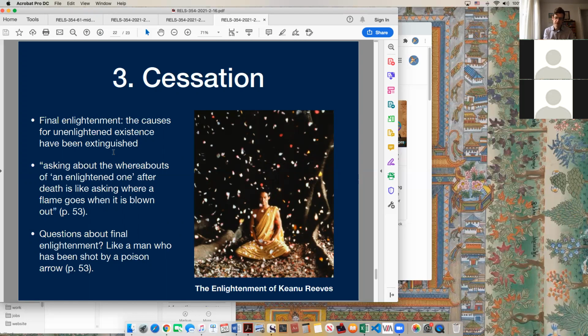You're no longer committing any acts that would lead to new karma, but you still have residual karma left over from your previous lives and that life up to that point. So for the rest of his 45 years, he's going through his final karma.